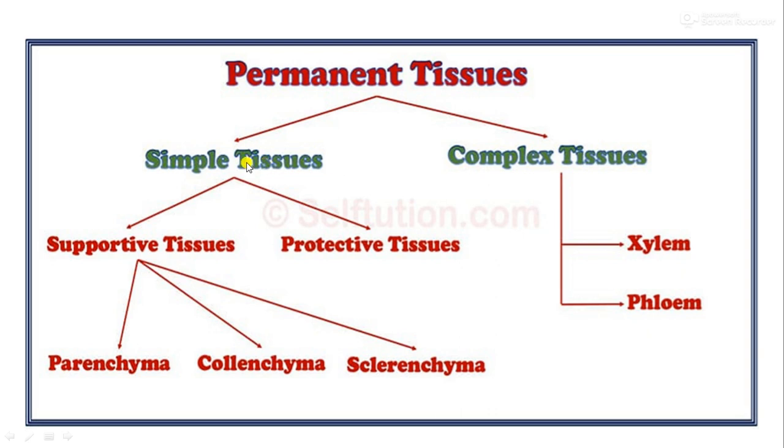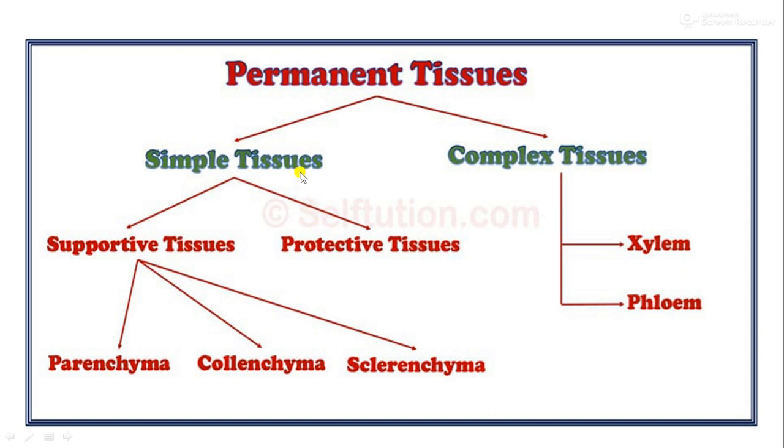Then simple tissues are again classified into supporting tissue. Their role is to support the plant. And supportive tissues are classified into parenchyma, collenchyma and sclerenchyma. I will say again: parenchyma, collenchyma and sclerenchyma.